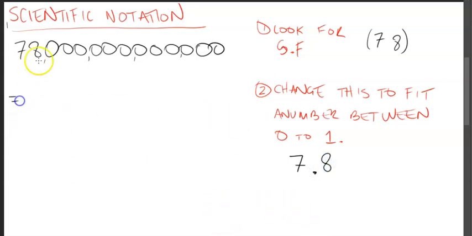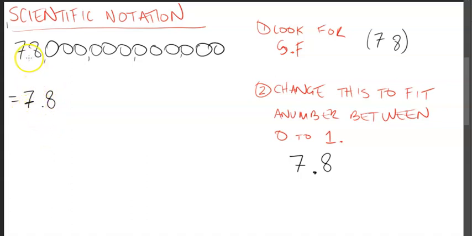So this 78, I'm going to say million, trillion potentially, it's such a big figure for me to digest. We're going to start it off as a 7.8. The next thing we are going to do afterwards is if we picture this decimal point here, because this is what we've just turned it into, a number between 0 to 1.